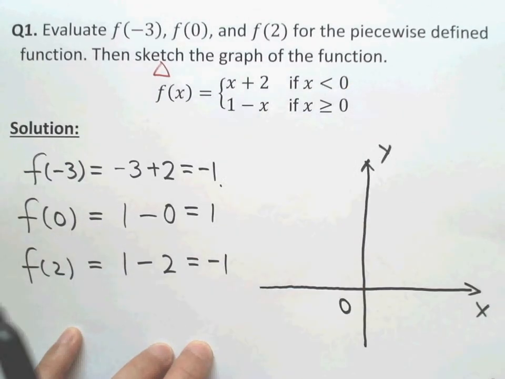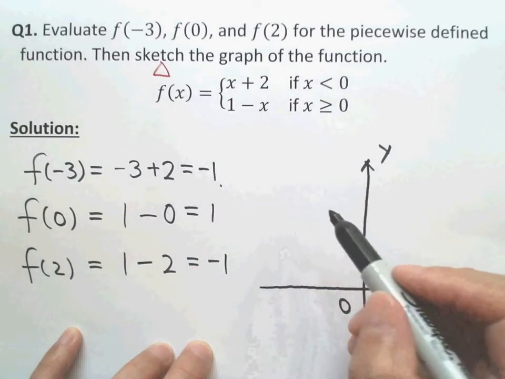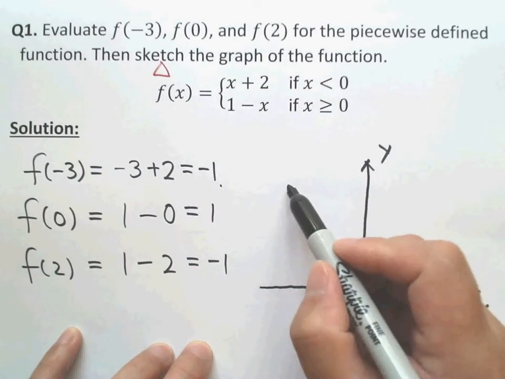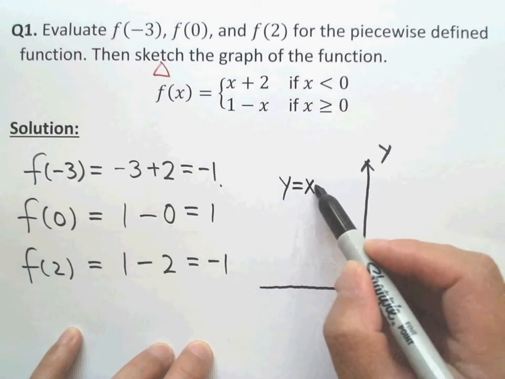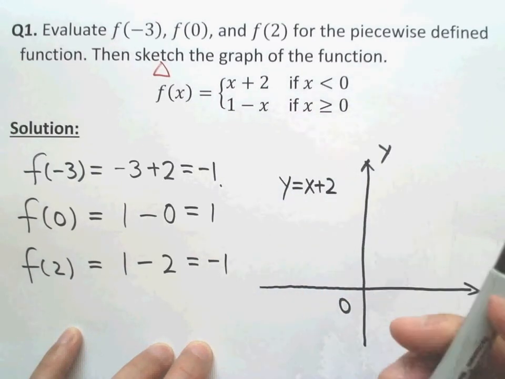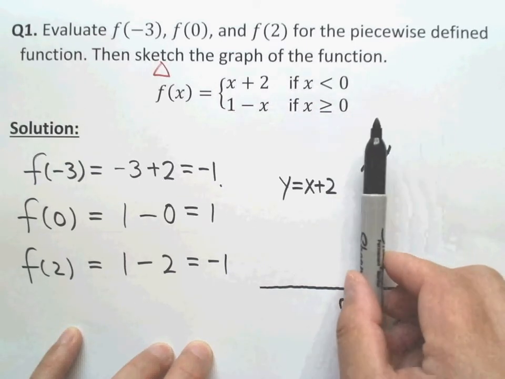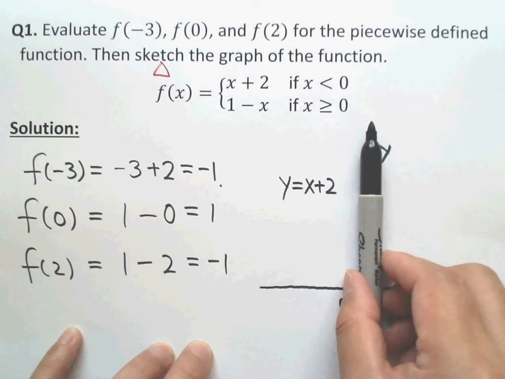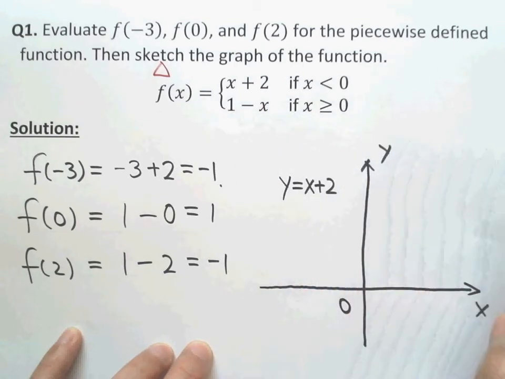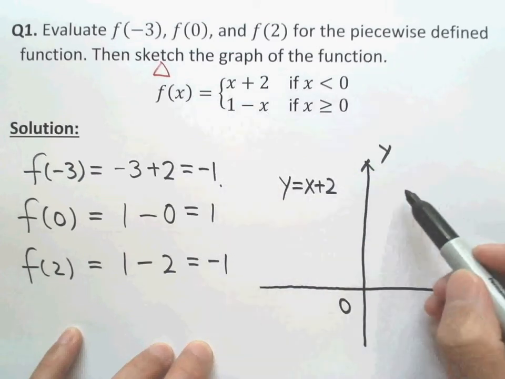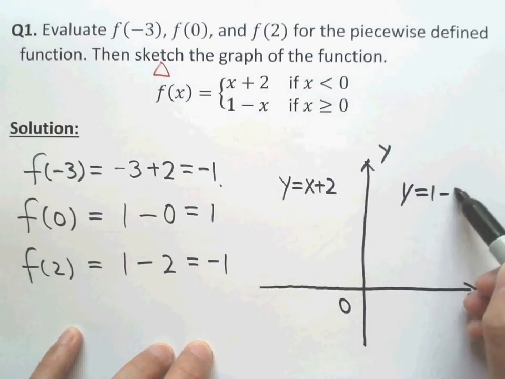The first part is y equals x plus 2. I put the function here: y equals x plus 2. At the left side of the y-axis, where x equals 0, the left is this linear function. The right is y equals 1 minus x.